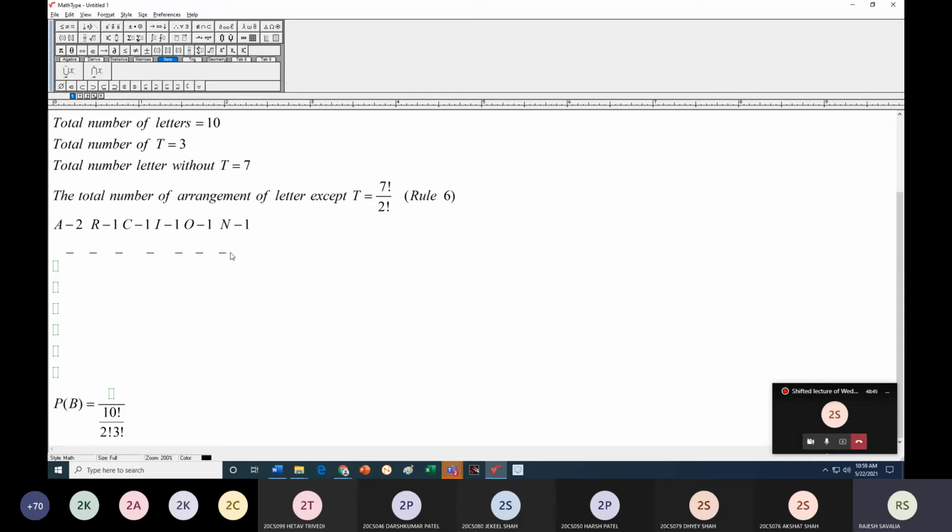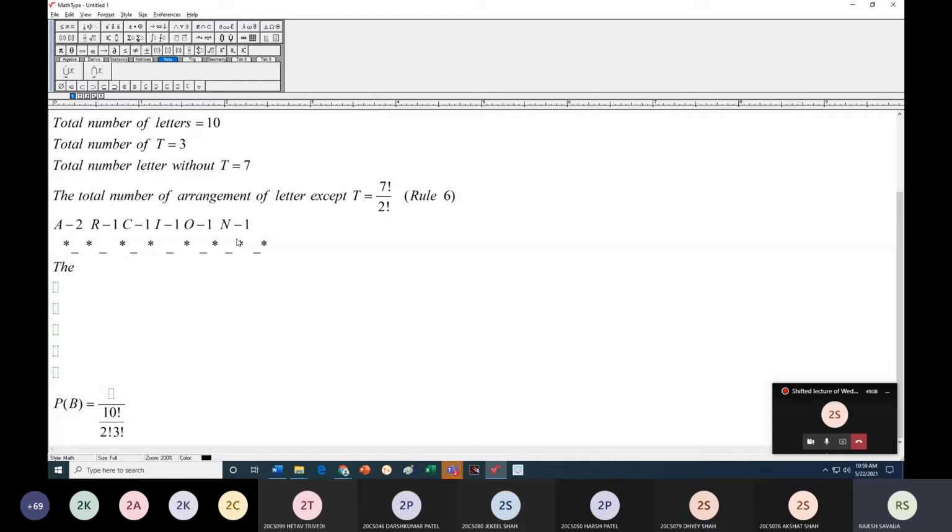Can we put T in the first place and last place? Yes, you can put it. So look at here carefully. This is star, star, star, star, star, star, star, star. There are 8 stars.